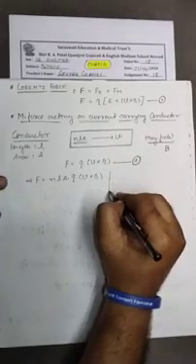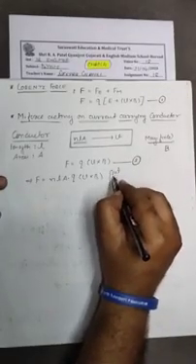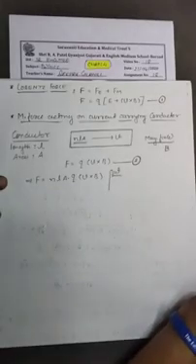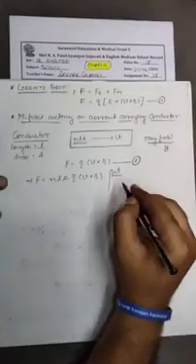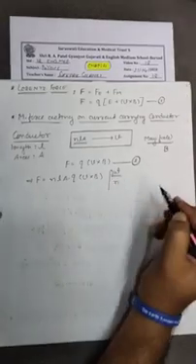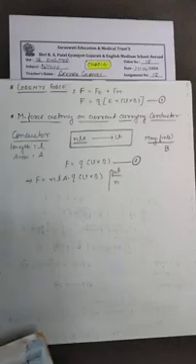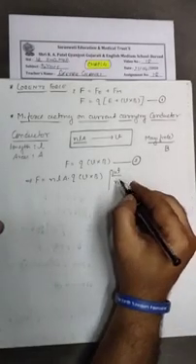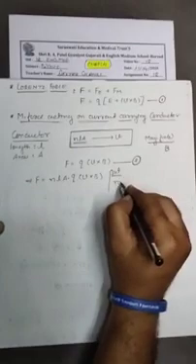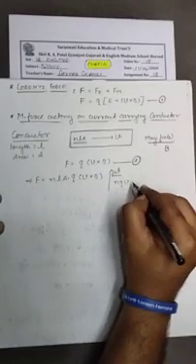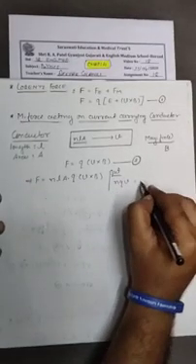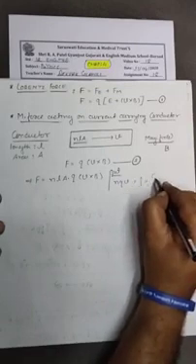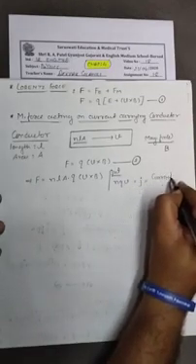But what have we seen in chapter number 3? The number of charges N multiplied by the velocity V of the electric charge and the charge Q, that is N Q V, is nothing but J. What is J? J is nothing but current density.